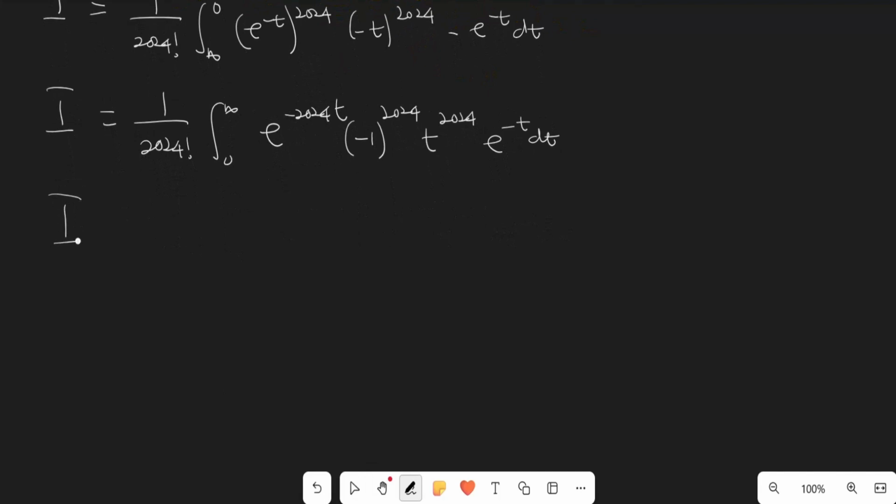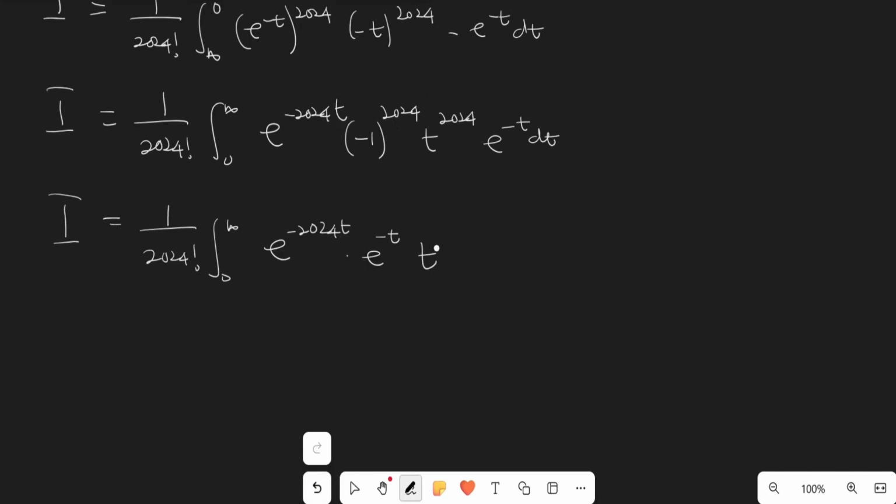Now we can gather like terms. So this is 1 all over 2024 factorial, the integral from 0 to infinity of e raised to the power negative 2024 t times e raised to the power negative t. And this negative 1 raised to the power 2024 is positive 1 because this is an even number. Negative 1 raised to the power an even number is positive 1.